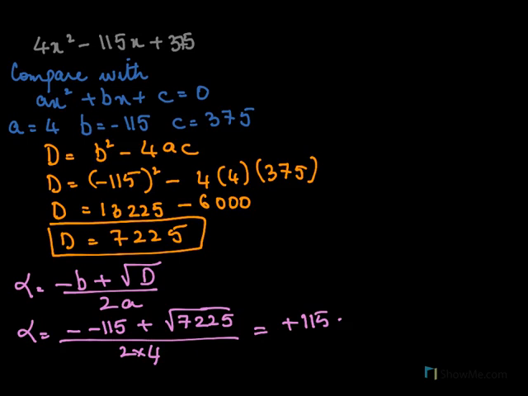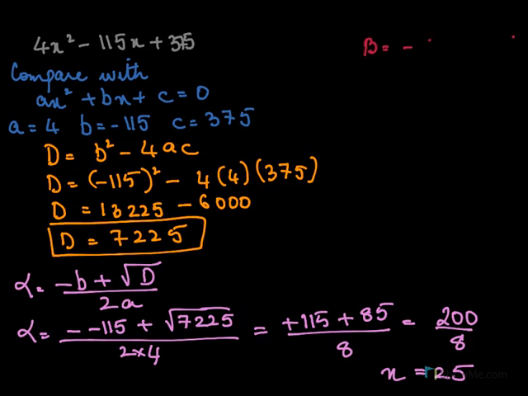So this will become plus 115, and under root of 7225 is 85. This is over 8. And here the answer is 200 over 8, and that is 25. So we're solving for x, so x is 25.